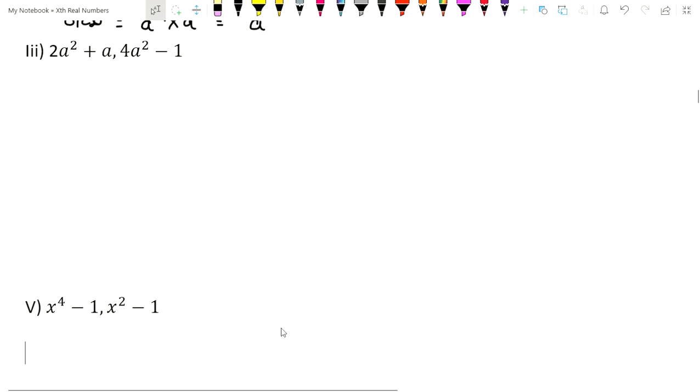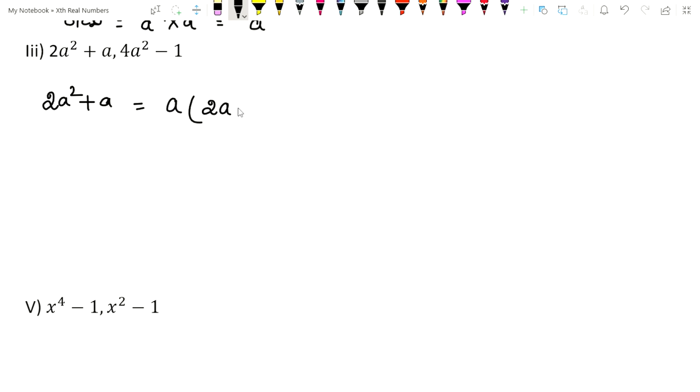The next one, 2a square plus a, comma, 4a square minus 1. First take 2a square plus a equals, here a is common. Just take it out. What is remaining? 2a plus 1. See the next one, 4a square minus 1.